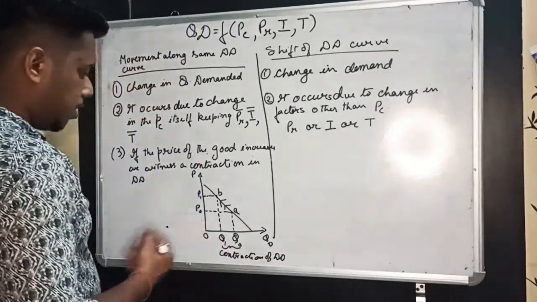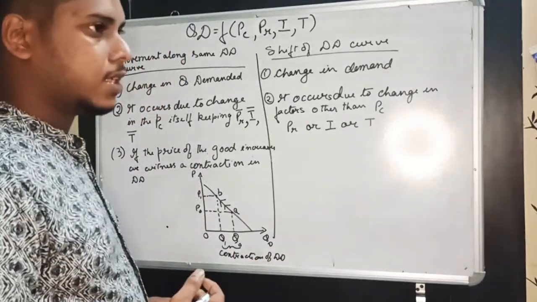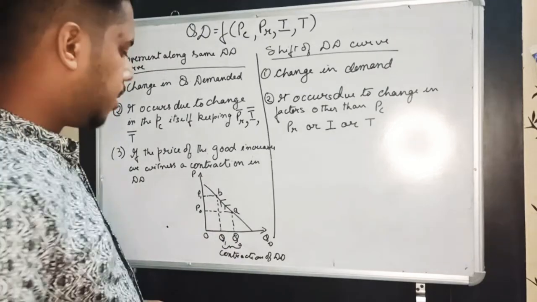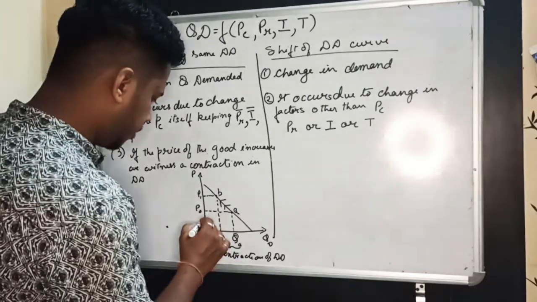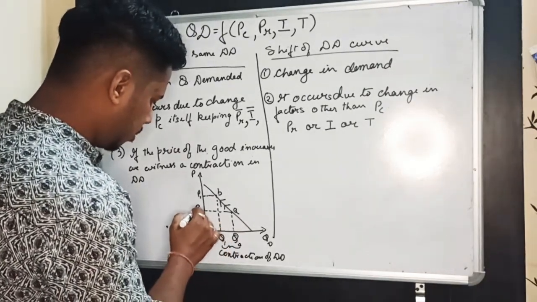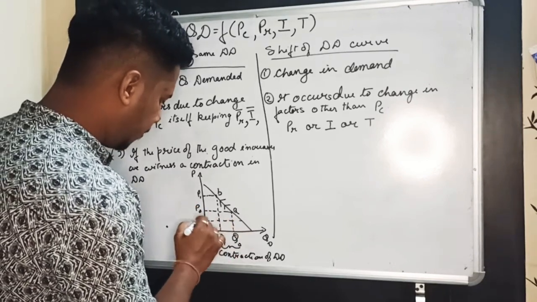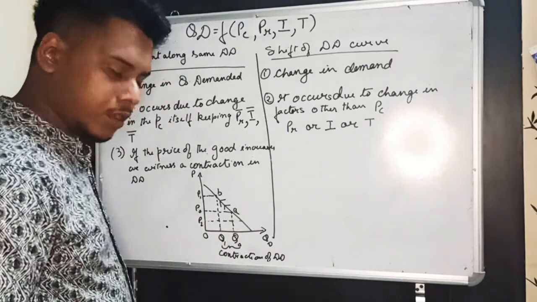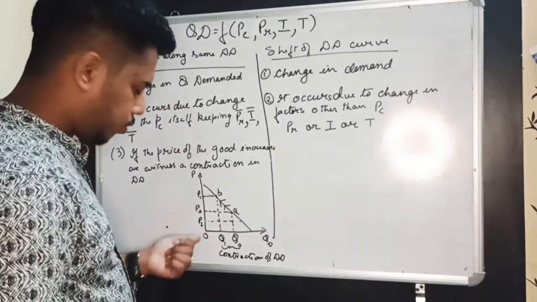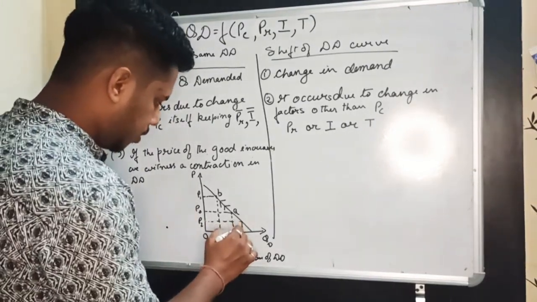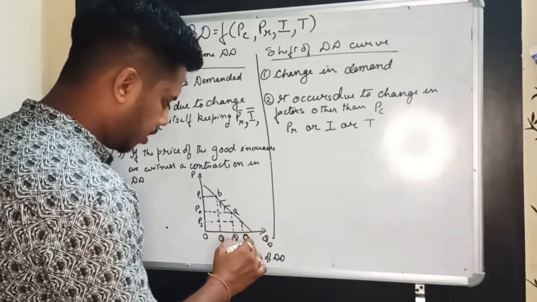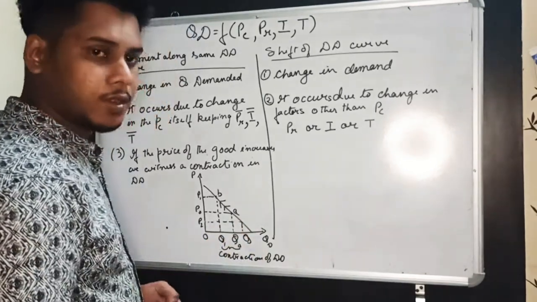Now similarly, if we witness the case of a fall in the price, suppose the price has fallen from P0 to P2, okay, and it has led to an increase in the purchase of the commodity.